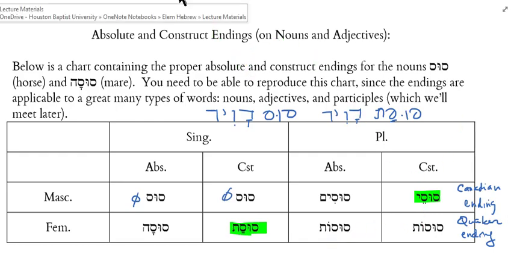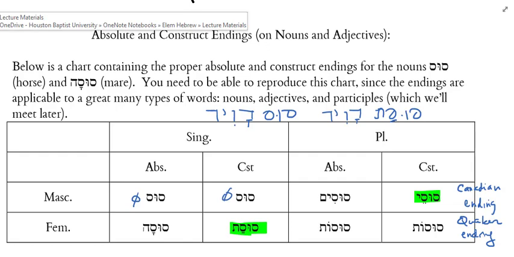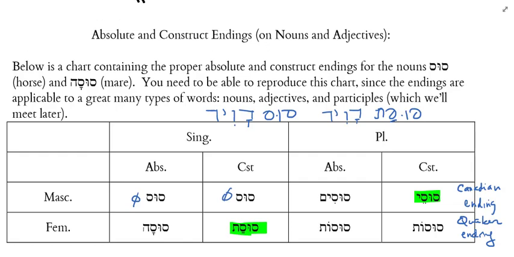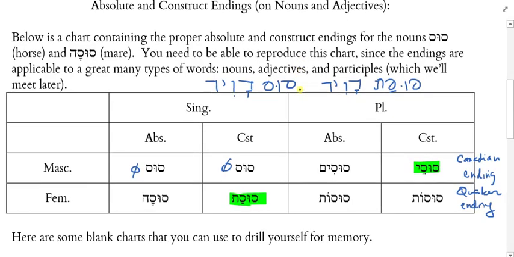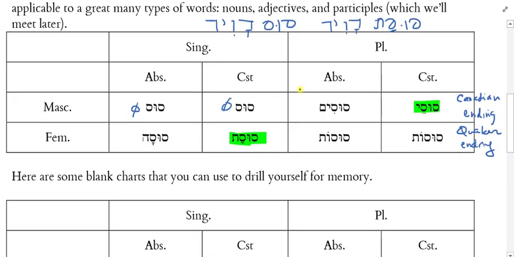Now, even though I'm referring to these as the masculine and the feminine forms, keep in mind that if my form is one of those weird ones where, for example, I have a feminine noun that has zero ending, like ir, city, okay? That's not actually masculine singular. But what would the feminine singular construct form of ir look like if I wanted to say something like the city of Israel?